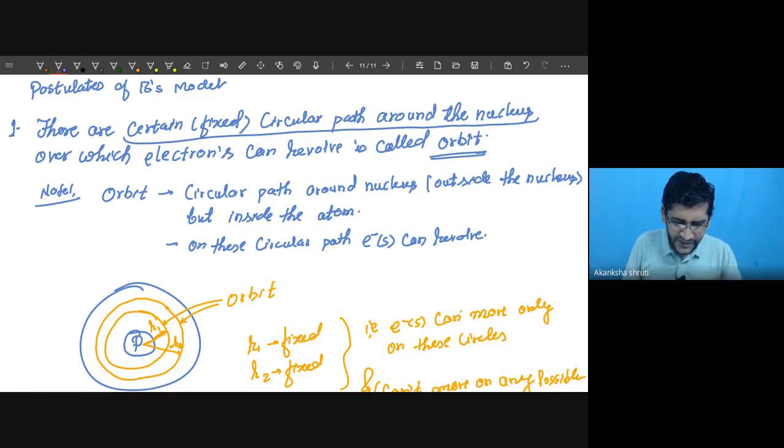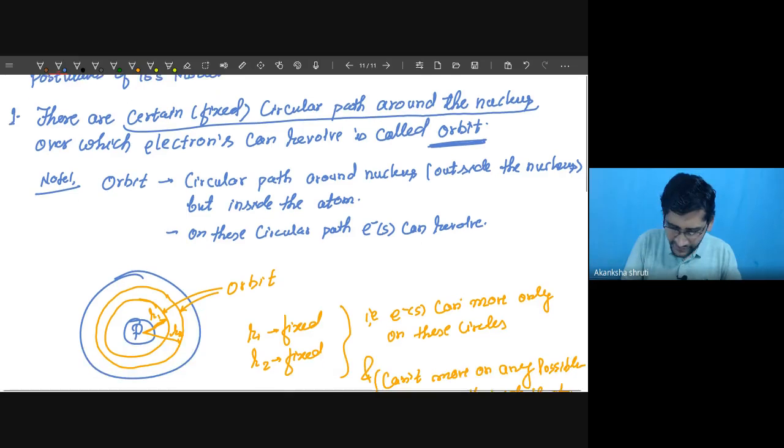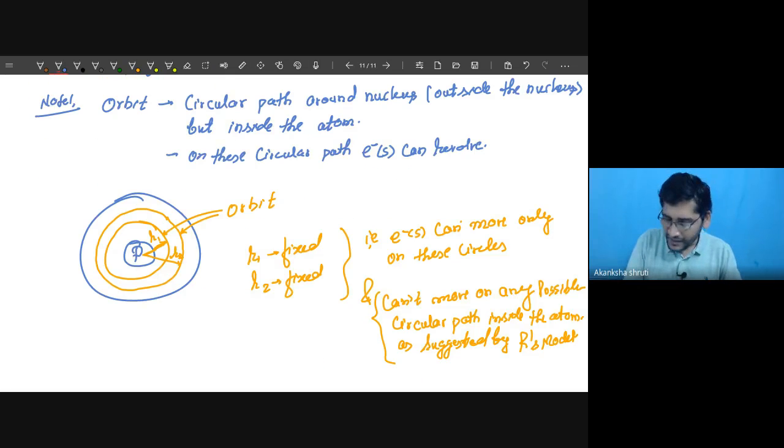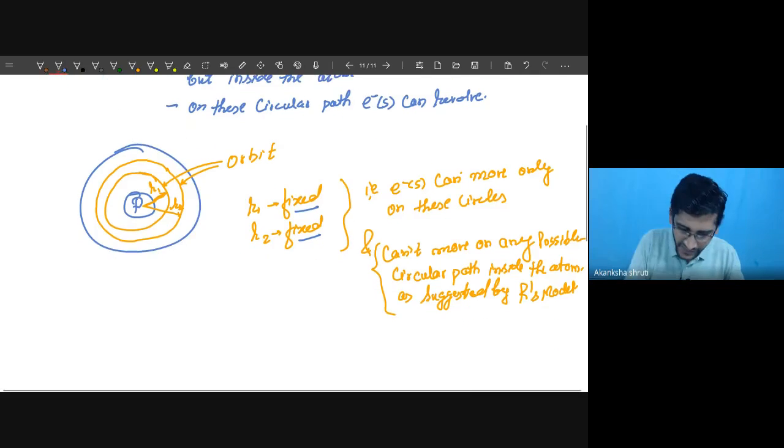So students, the first thing is that there are only certain paths over which the electron will revolve. So only certain special orbits, known as discrete orbits. See, these are not continuous; these are fixed, meaning they have only certain fixed paths.